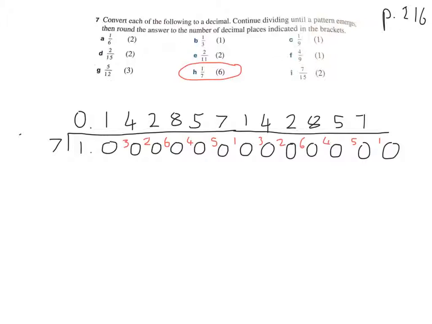If you remember, if we have 3 or more different numbers that keep repeating, then what we do is we put a dot over the first number in the pattern, and then we put a dot over the last number in the pattern. So this is how we would round this decimal. So we've converted 1/7 into a decimal, and we've rounded it to 6 decimal places.